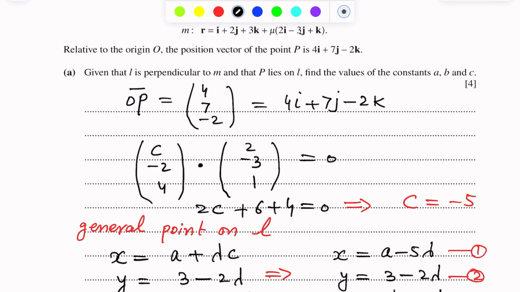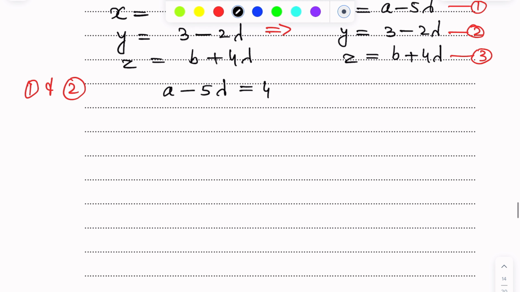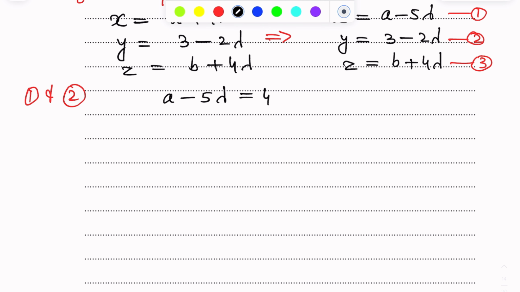Equating, we get a minus 5 lambda is equal to 4, and the second equation is 3 minus 2 lambda is equal to 7.